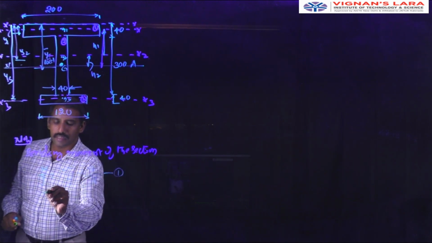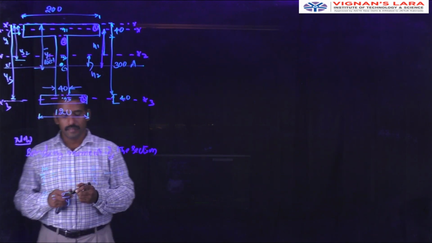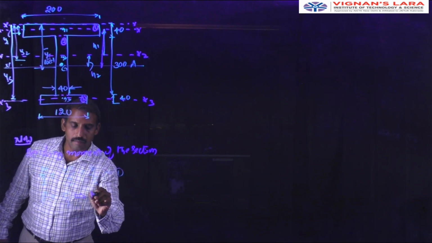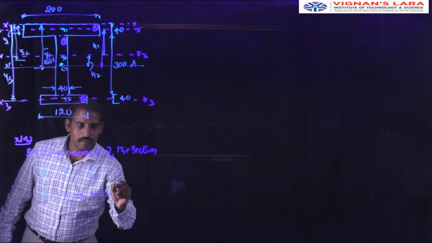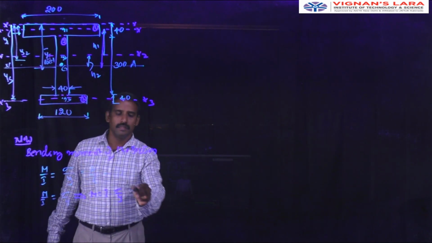From this equation, M by I is equal to stress by y, so this can be rewritten as M is equal to I into sigma by y. You know all the values.